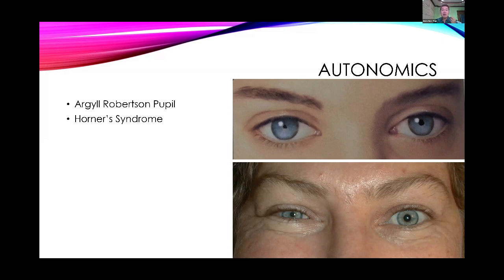So you can make use of the accommodation to make the pupils constrict, because the Argyll-Robertson pupil is a pupil that will not react to light, but it will react to accommodation. Hindi yan gagalaw pag inilawan, pero gagalaw kapag nilapitan at tinukso. Oh, di ba? May ganun. Okay, so that's the Argyll-Robertson pupil and the Horner syndrome.